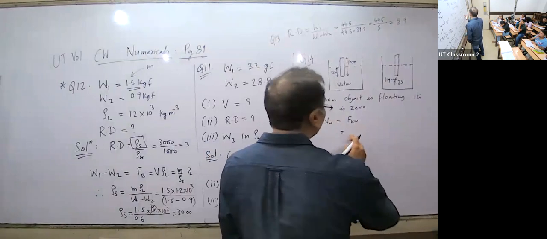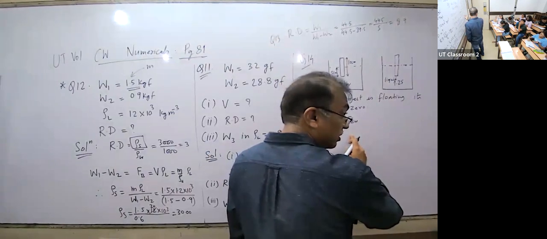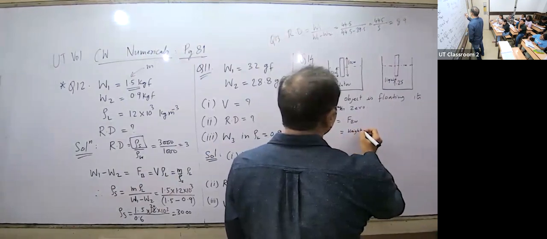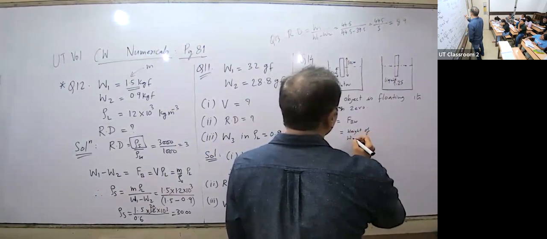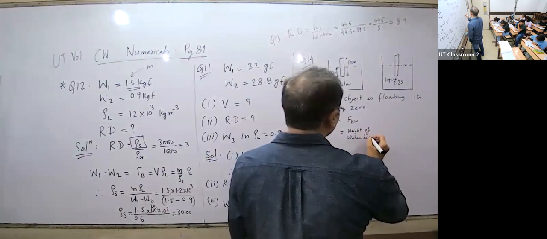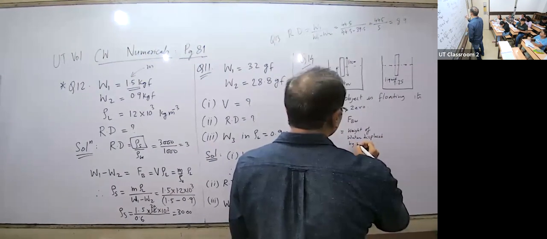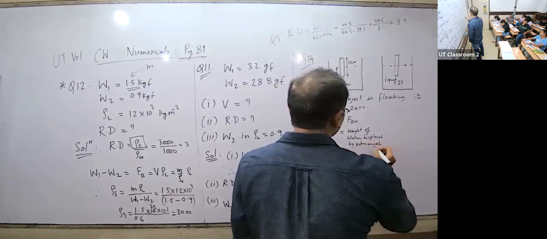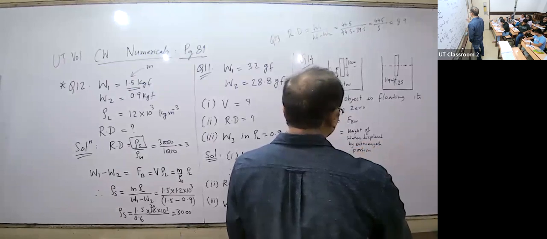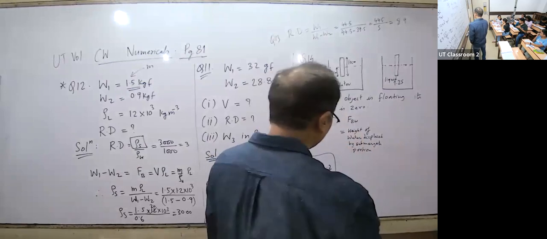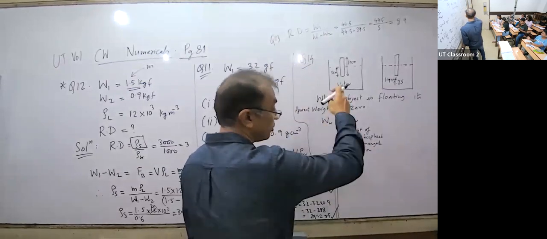This must be equal to weight of liquid displaced by the submerged portion. Weight of water displaced by submerged portion. ये होता है ना? So I could have written the formula directly. So this is the weight of object in water.